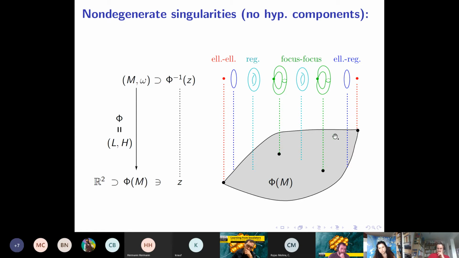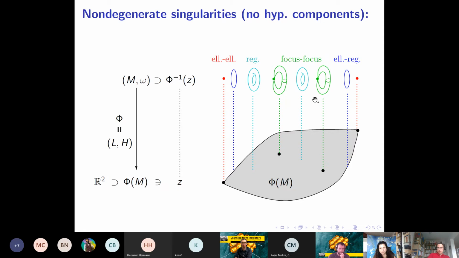But here it's somewhat curved. But nevertheless, you still can see, due to the local normal form, that over the vertices you have elliptic singular points in the manifold setting, and over the dimension 1 strata, so the boundary of this image of the momentum map, you have elliptic regular stuff, so technically a circle.